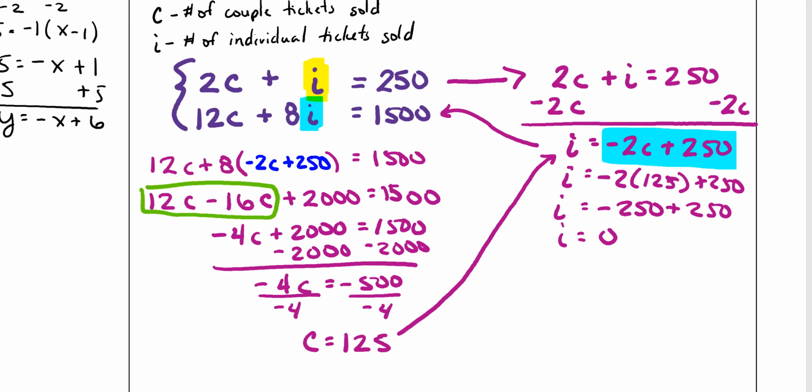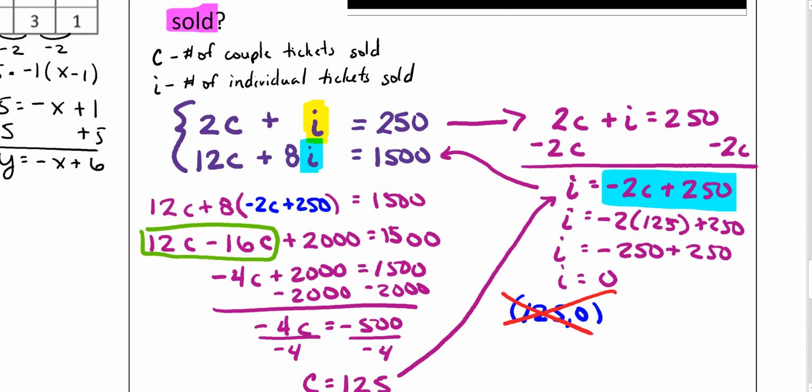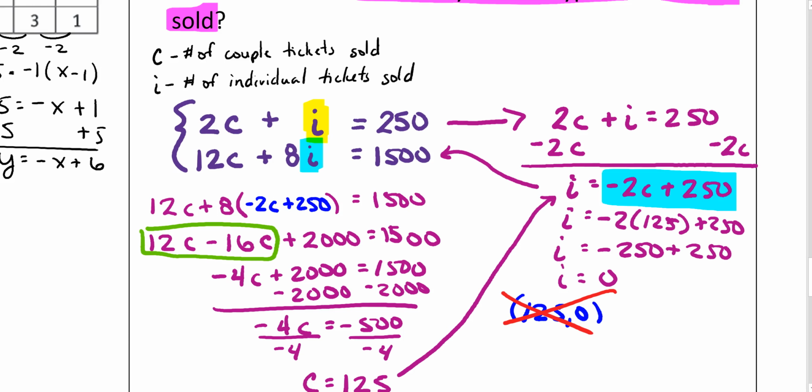Now, some students on a problem like this try to give me an answer like this. Do not do this. Okay, this is a word problem, which means there's units attached. Also, the variables depend on what you chose. If you chose X and Y or some other letters, your point may not look like my point.